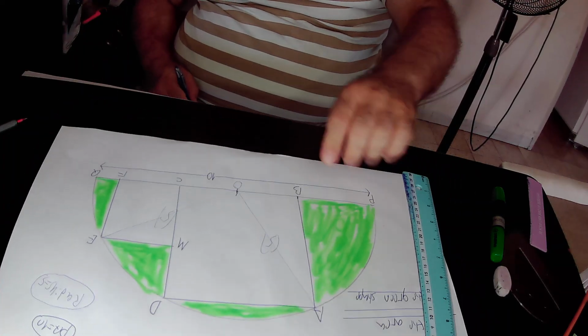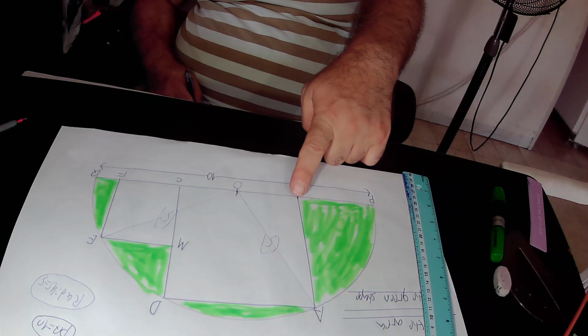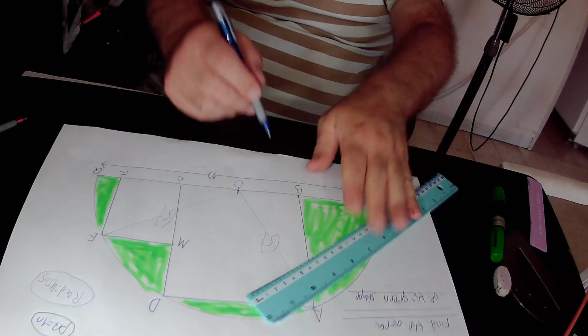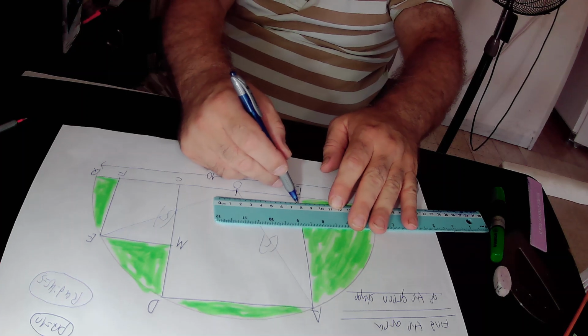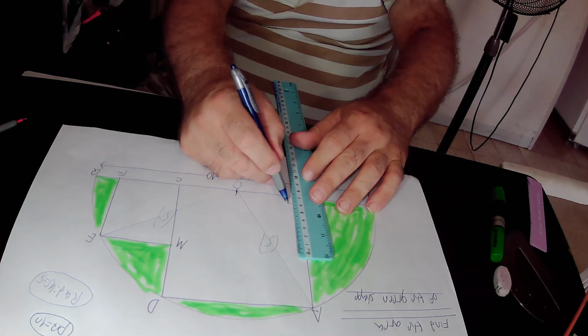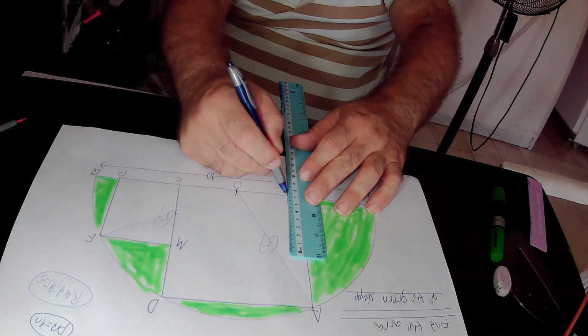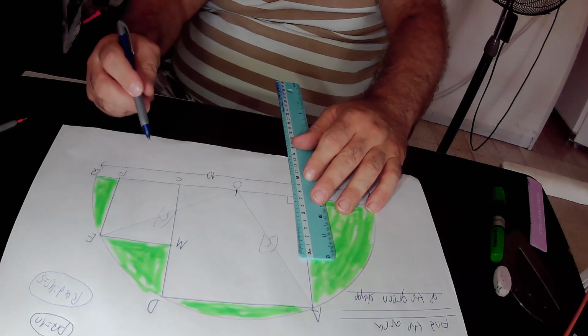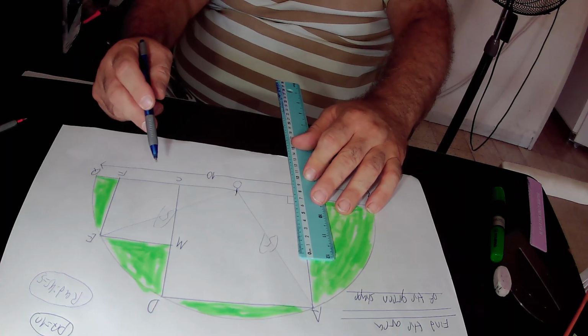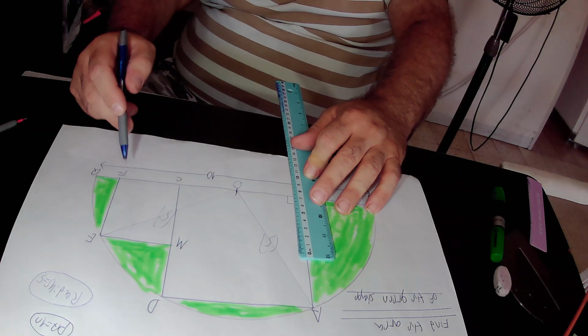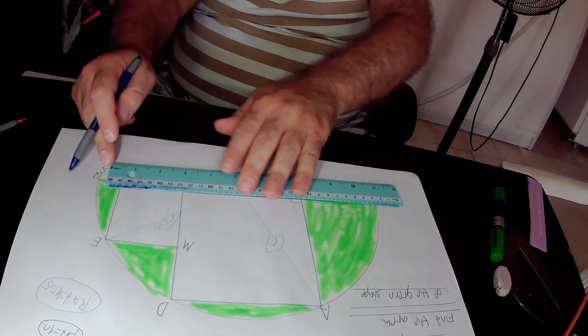ABCD is a square, and therefore this angle must be equal to 90 degrees in its size. It is 1 out of 4 angles inside square ABCD, and therefore it is a right angle. Likewise, in the small square MECF, this angle must be equal to 90 degrees in its size.